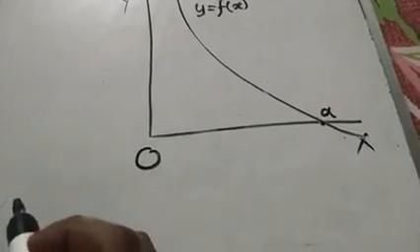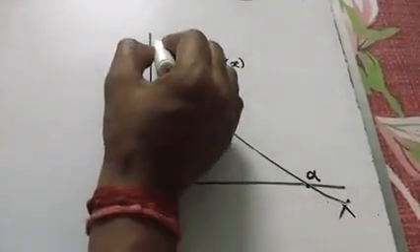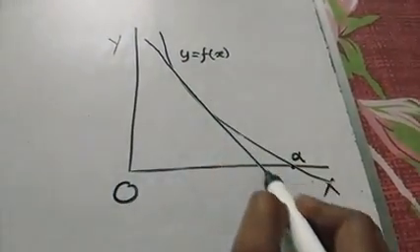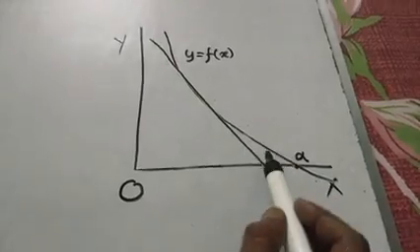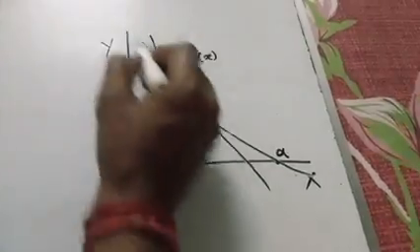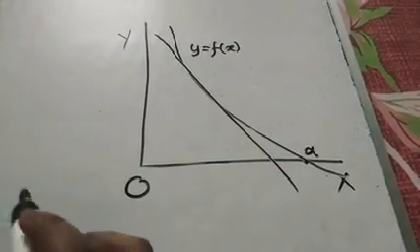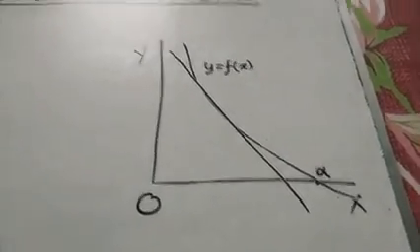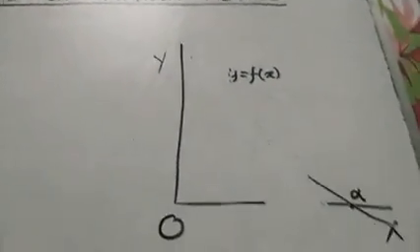Okay, first of all let us draw a tangent. Now what is a tangent? A tangent moves parallel to the curve and cuts the axis. This is a tangent I have drawn to the curve. Now let us once again draw the tangent.